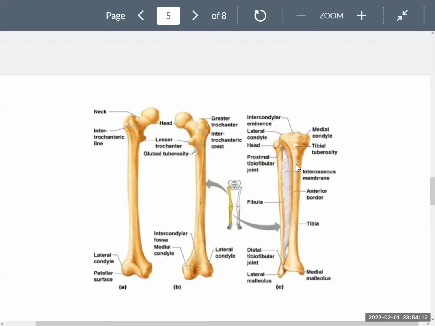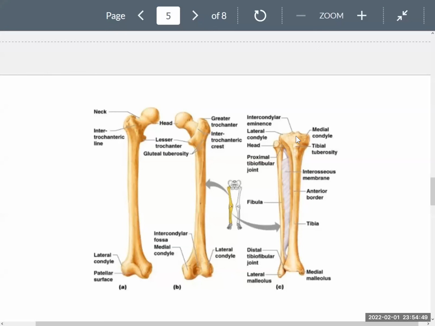This one is a right tibia, and next to it, a fibula. The fibula is always lateral. You've got to commit that one to memory. The fibula is always lateral. If you get hit from the side, in sports especially, called clipping, you can injure or break the tibia, the fibula, quite easily.